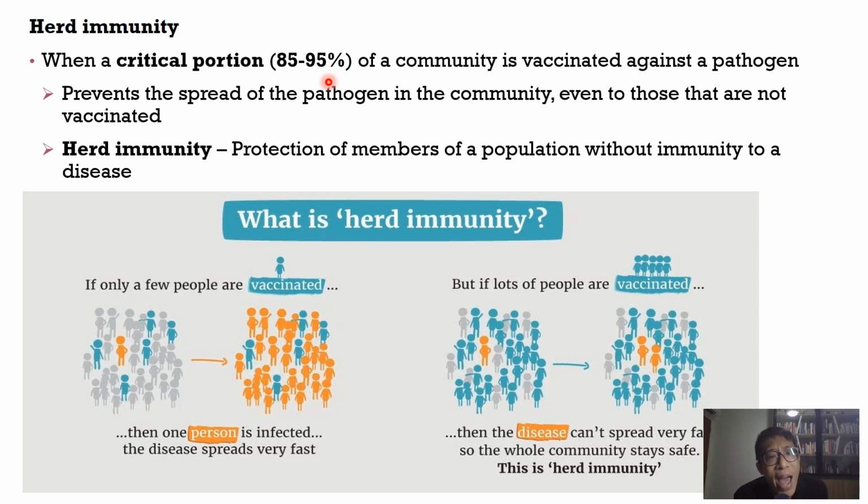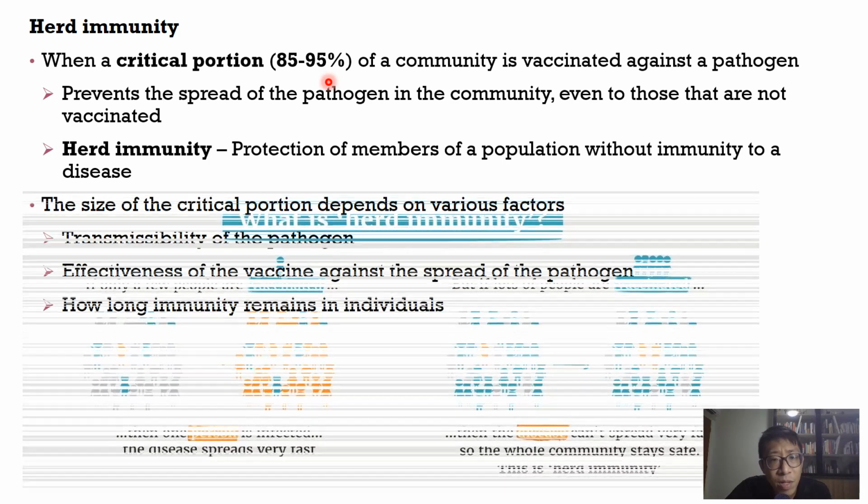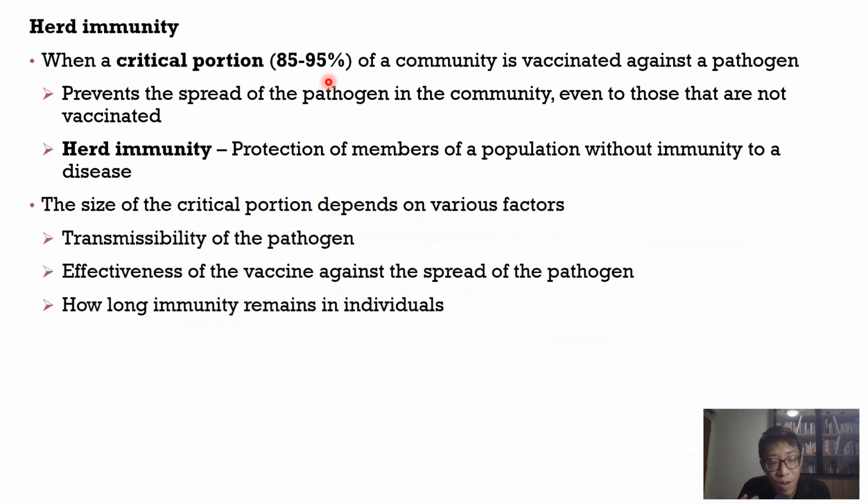It depends on the transmissibility of the pathogen, right? If the pathogen is more transmissible, it is able to spread more effectively in the community, then we need more protection, more people to be immune. So the critical portion would be higher.